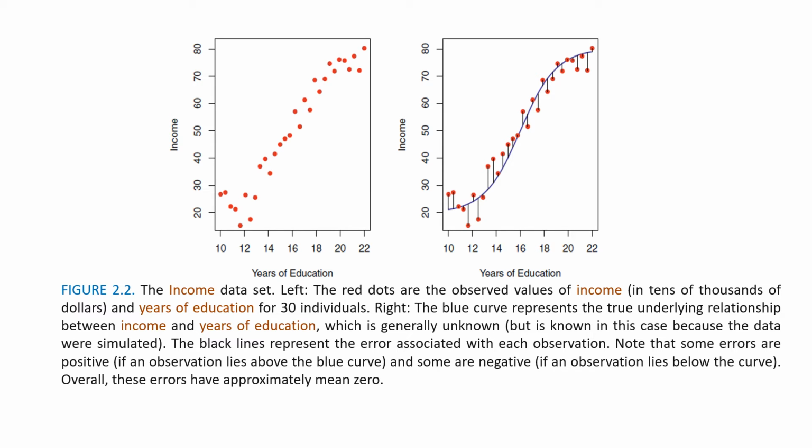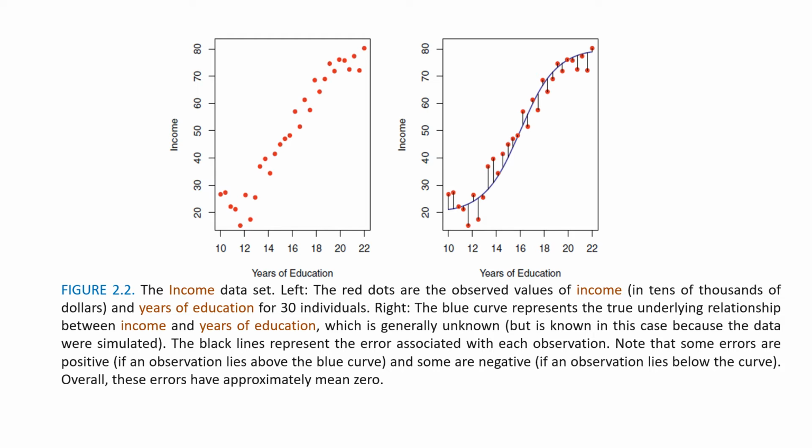Figure 2.2. The Income data set. On the left, the red dots are the observed values of income in tens of thousands of dollars and years of education for 30 individuals. On the right, the blue curve represents the true underlying relationship between income and years of education, which is generally unknown but is known in this case because the data were simulated.